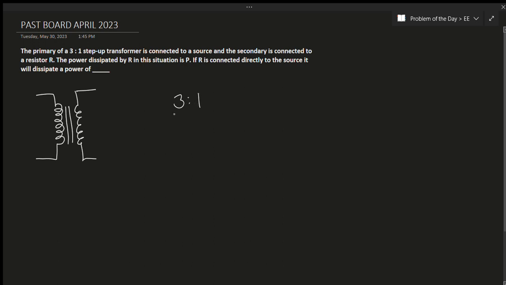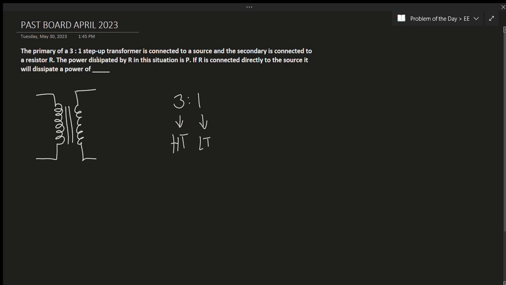This 3 to 1 in a transformer is basically our turns ratio. This 3 indicates the high tension side or high voltage side of the transformer. This one is the low tension or the low voltage side of a transformer.